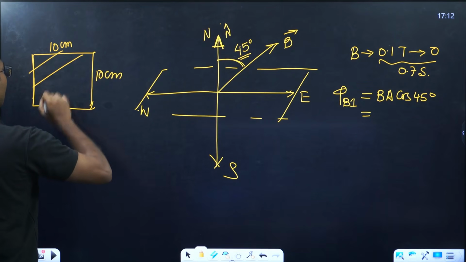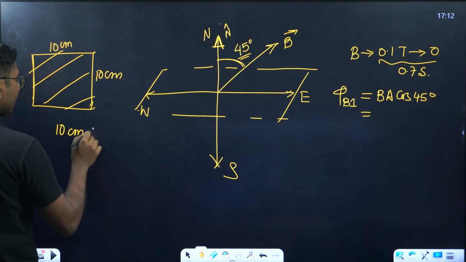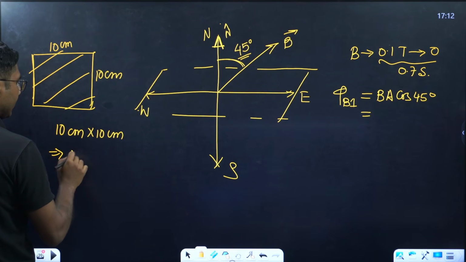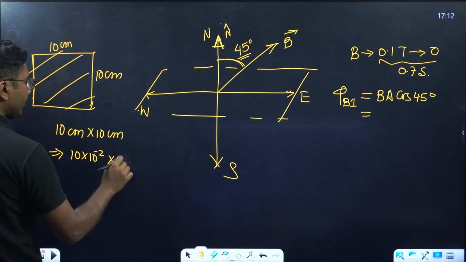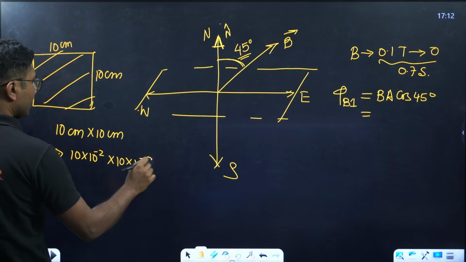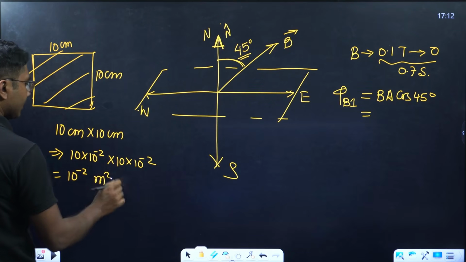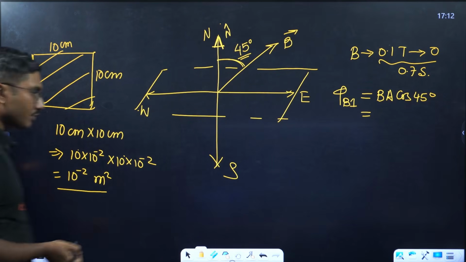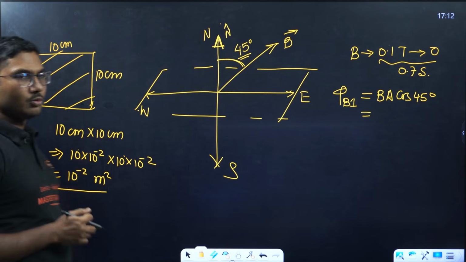The area is 10 centimeter into 10 centimeter, so that is 10 into 10 to the power of minus 2 into 10 into 10 to the power of minus 2. Simplifying, the ultimate area is 10 to the power of minus 2 meter square.